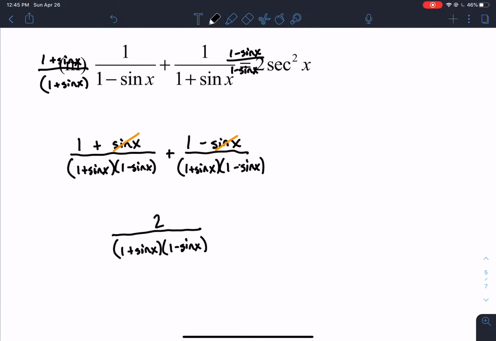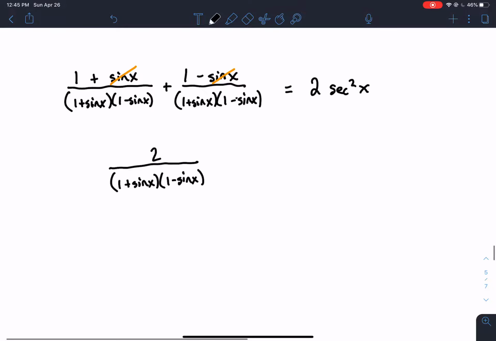Now if you look at what we have, we need to make this 2 secant squared. Now right as it is, if we see parentheses, we probably want to multiply out. So maybe that'll help us get a Pythagorean identity that we can rewrite.